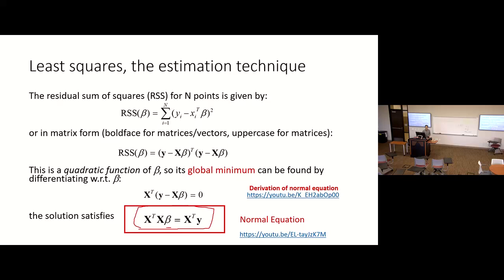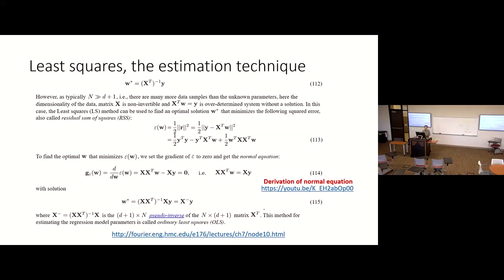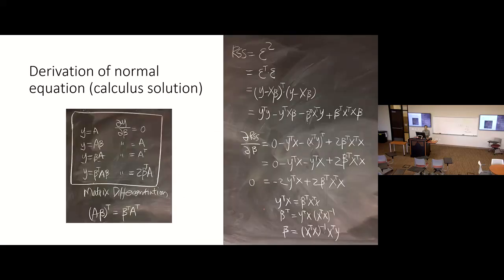If your beta satisfies this relationship, you will get the minimized difference between your expectation and the explanation of your observation. So this is called the normal equation to give you the solution for beta. If you rearrange, your beta becomes this. Okay, so this is the perfect situation beta.